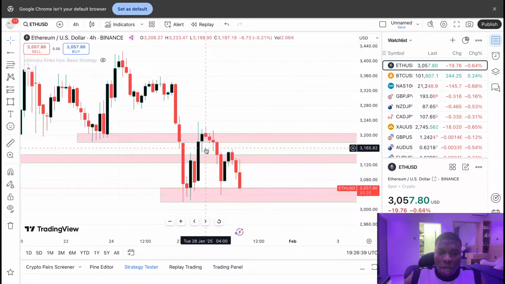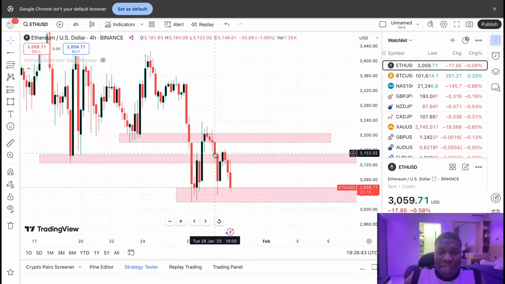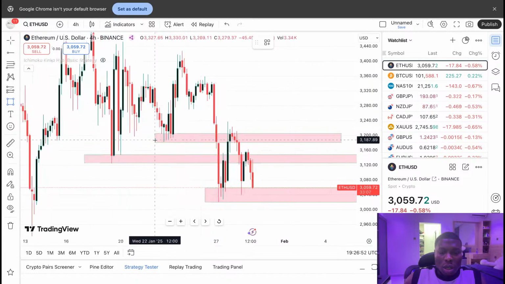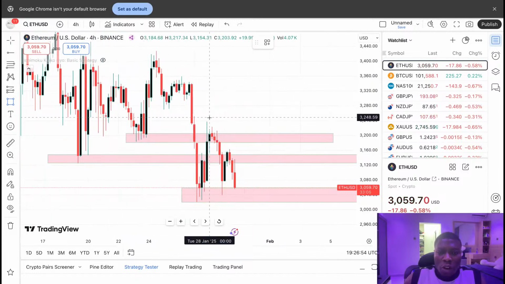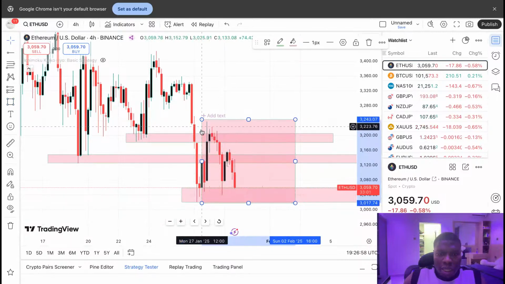So now, when it breaks this support and it didn't make any single confirmation, then it will create a ranging zone. So now Ethereum is ranging between this place. This is the zone Ethereum is going to break.